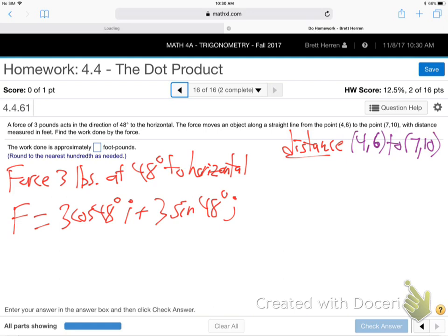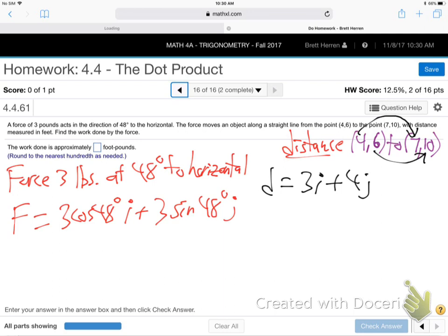How far from 4 to 7? 3. So that's 3i, because those are the x values. How far from 6 to 10? Plus 4j. There's the distance vector. You can draw it if that helps. They made those numbers kind of easy, so I could just look at it.